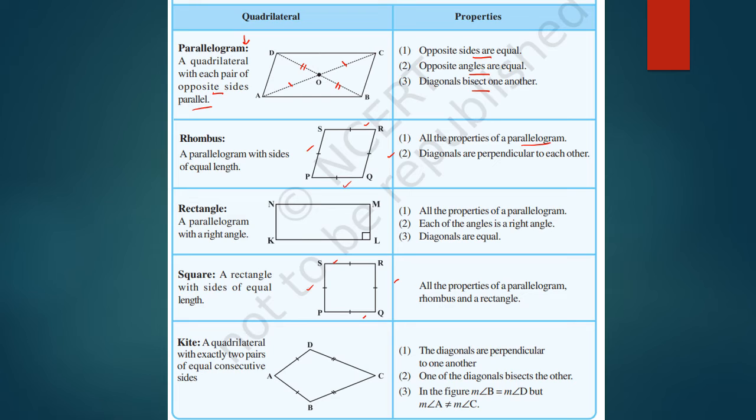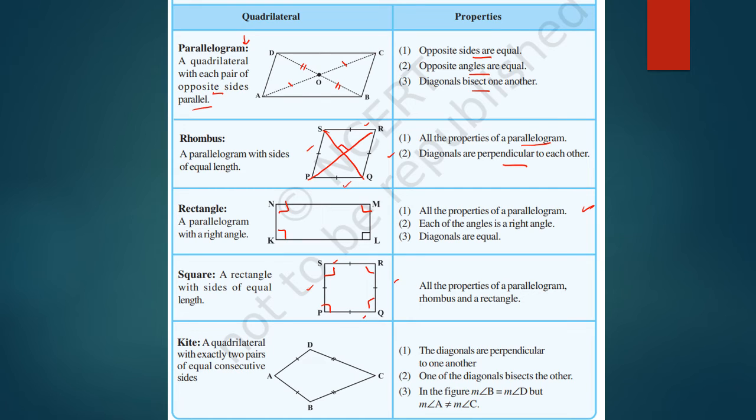All the properties of a parallelogram are there, and diagonals are perpendicular to each other. That means this and this, when they bisect, meet at 90. Then a rectangle has all the properties of a parallelogram, and all the angles are 90. All the vertex angles of a square and rectangle are 90.